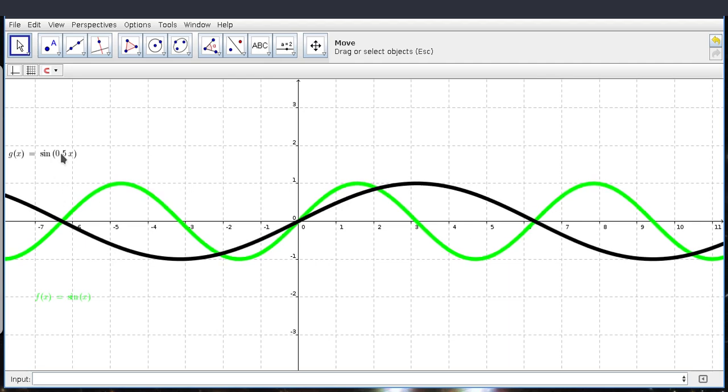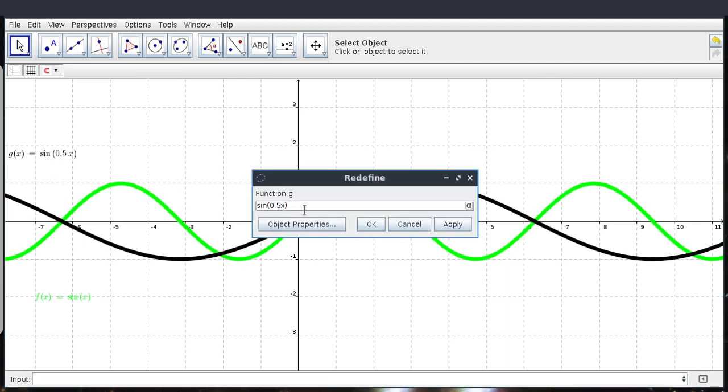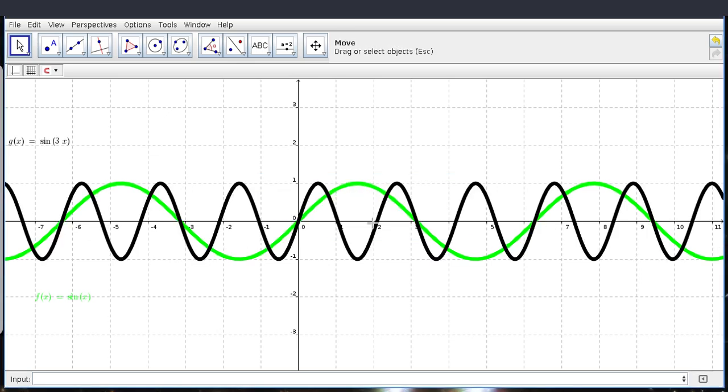Now, let us say we have 3x. You see, when the green graph goes through 1 cycle, the modified graph goes through 1, 2, 3 cycles. See that?